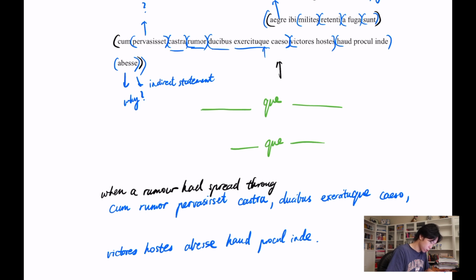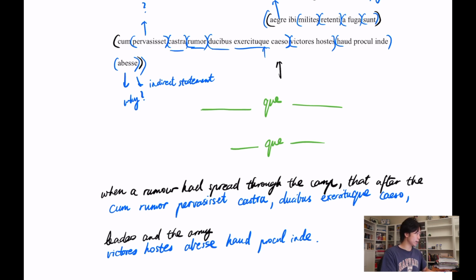through the camp. Now, I'm not too clear whether the ablative absolute fits inside the indirect statement or outside it. I think we'll leave it inside and see which one makes more sense. So that after the leaders and the army.